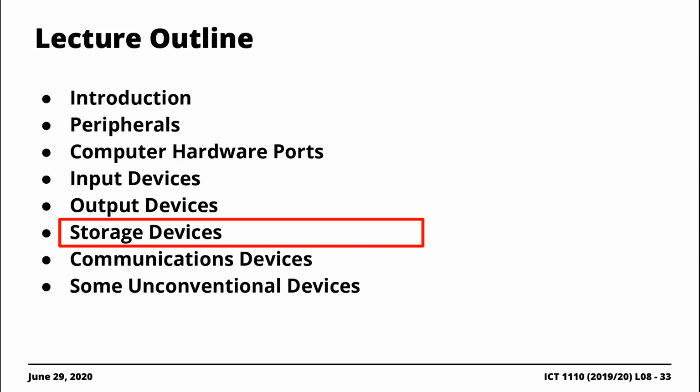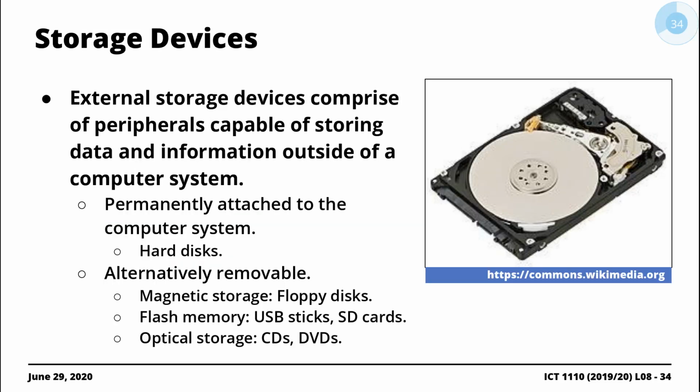Okay. So you also have so-called storage devices. We've looked at input devices, output devices, but we also have storage devices. These are devices that will facilitate the storing of data and information persistently to storage mediums. So this example is just showcasing a magnetic storage device.